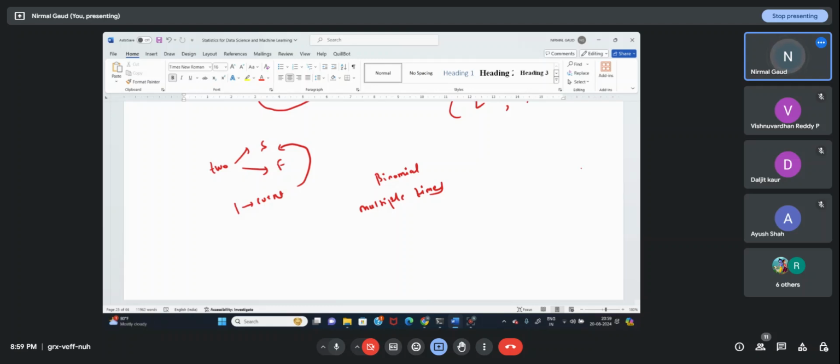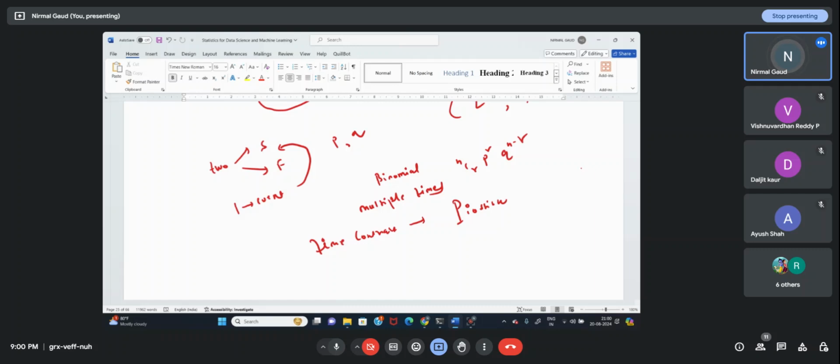And if there is a time constraint, then it is Poisson. The formula is also changed. Here the formulas are very easy, like P and Q. Here it is nCr p to the power r, q to the power n minus r. This is binomial.